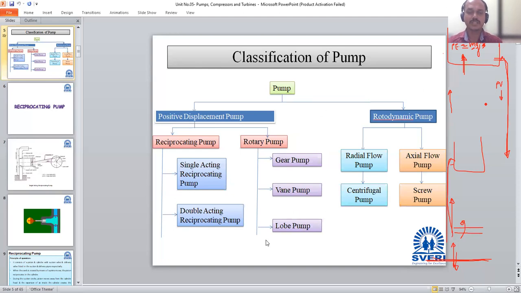So only two pumps. First is the reciprocating pump, with the single acting and double acting reciprocating pump. On the other side, in rotodynamic, the centrifugal pump is included in our syllabus. So this is the classification.